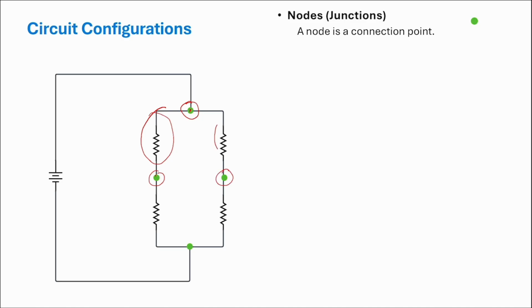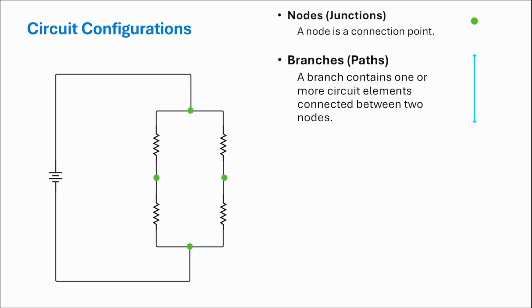It connects these 2 points, with a resistor in between. Of course, we have this one, so there's another resistor. So we have 1, 2, 3, 4. How about the battery? Yes, the battery also connects these 2 points. So in this example, there are 4 nodes or 4 junctions.